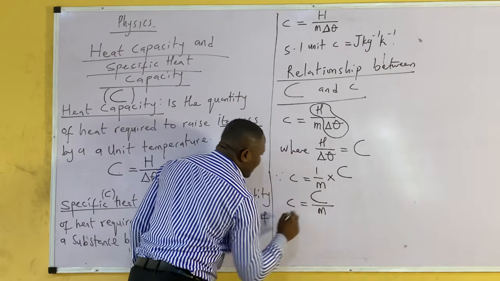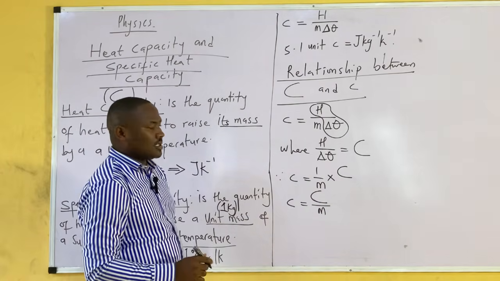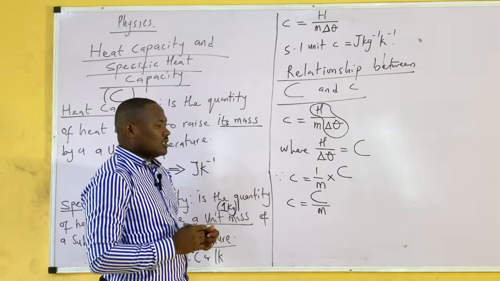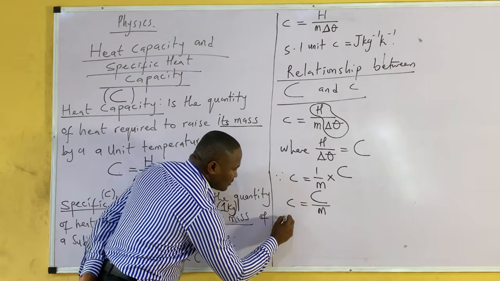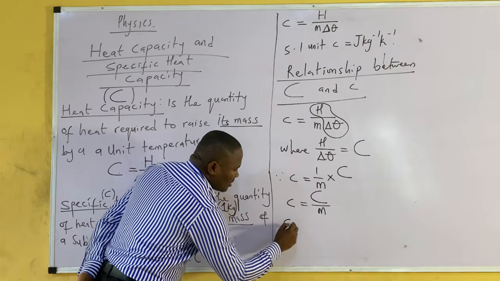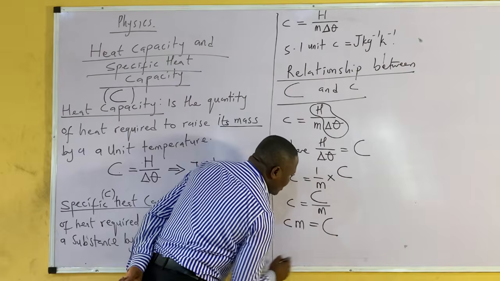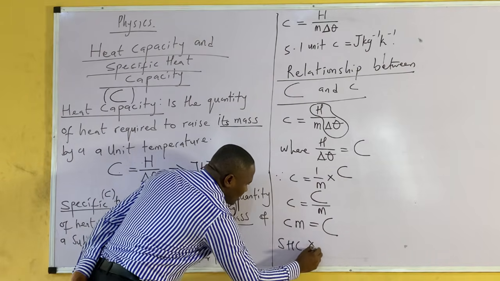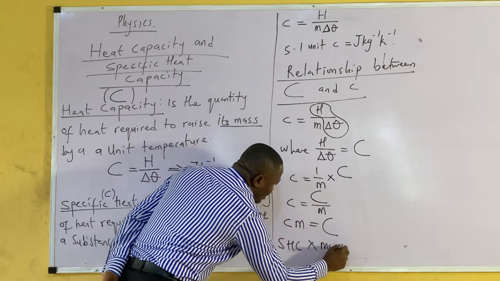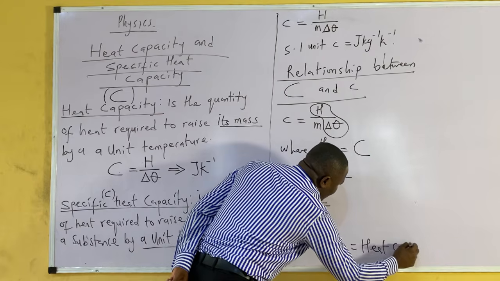Remember my capital letter C is heat capacity, while my small letter c is my specific heat capacity. So if I cross multiply, I will have specific heat capacity times mass is equal to heat capacity.